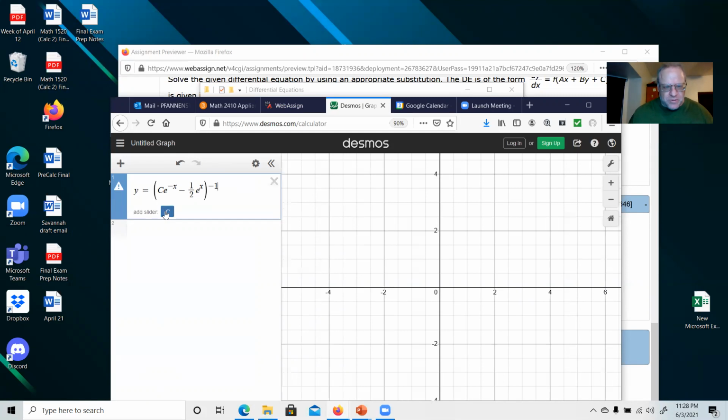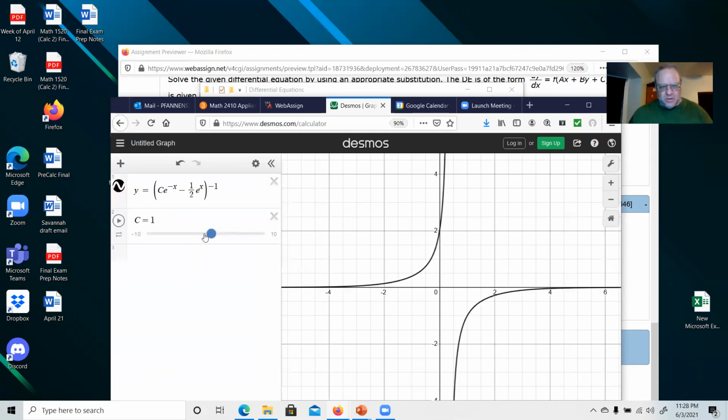And we'll add a slider for c, so we can see what's going on here. All right, it's delightful looking. That one's kind of neat, right? c is negative 1.